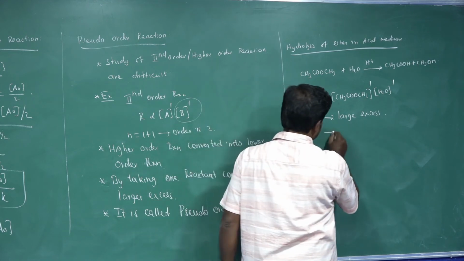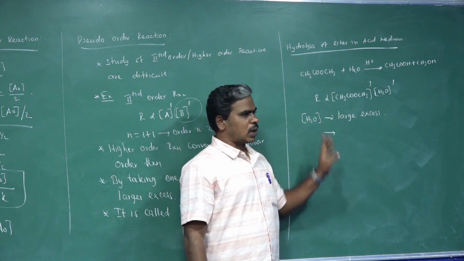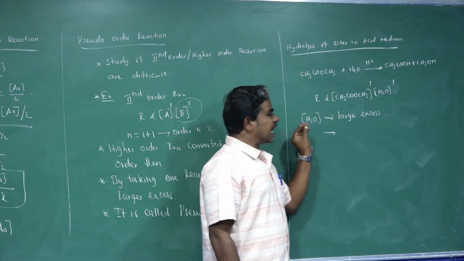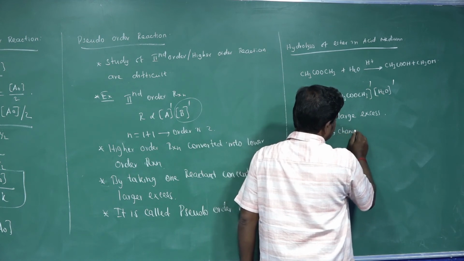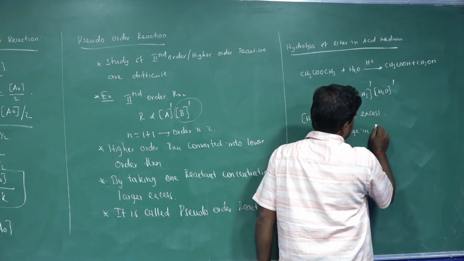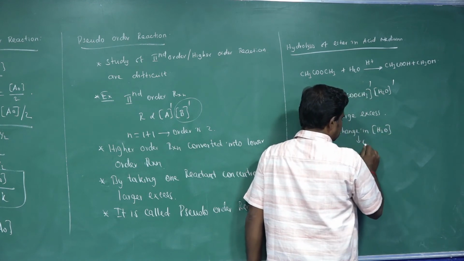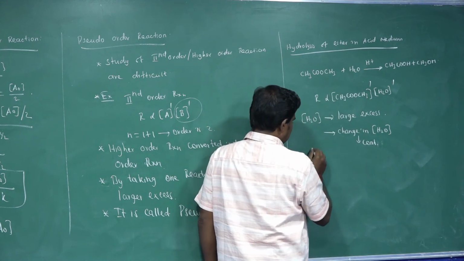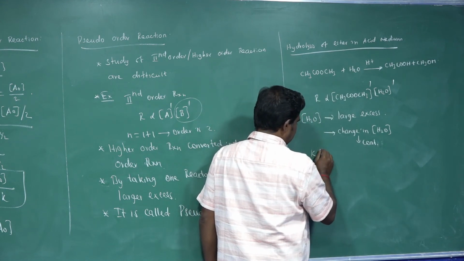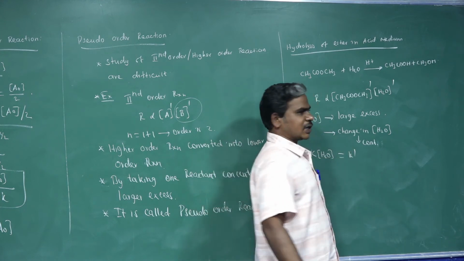So there is no change in the concentration of water, or it is negligible. The concentration of water is taken as constant, so K into the concentration of water is nothing but K dash.